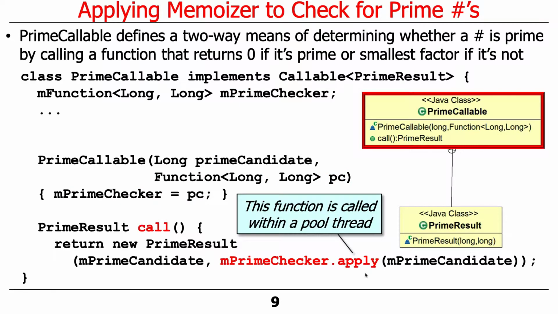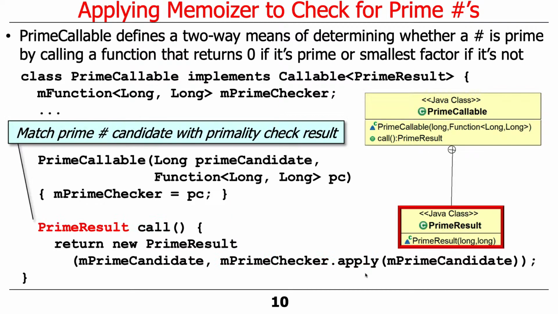Here's the call method. This is the hook method that's used to essentially apply the function on the prime candidate. So whatever that function happens to be, whatever that processing is, that's what will get called. This is a little different from the previous implementation, which hard-coded the call to isPrime, so this is not hard-coded.